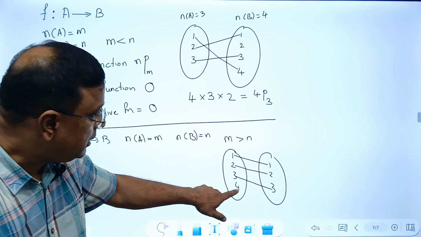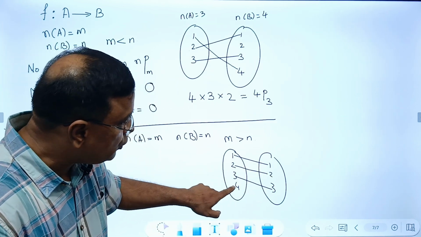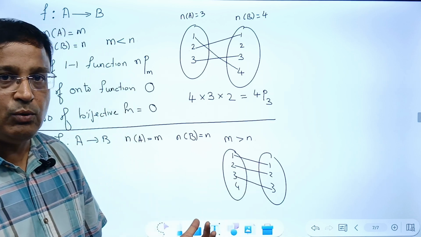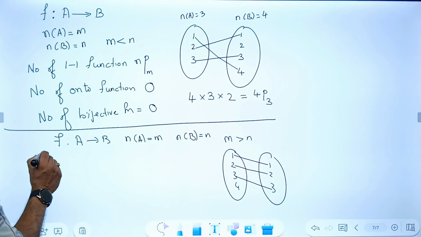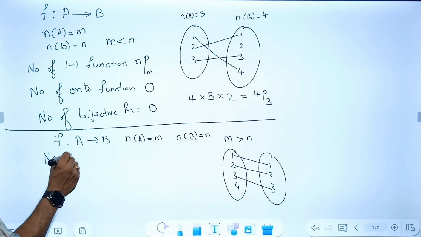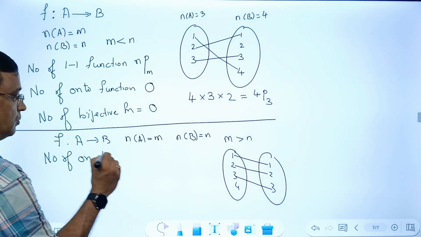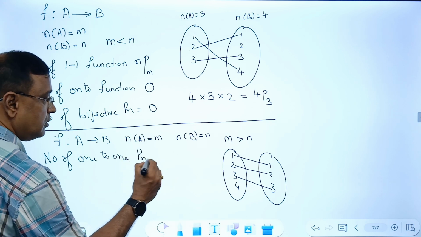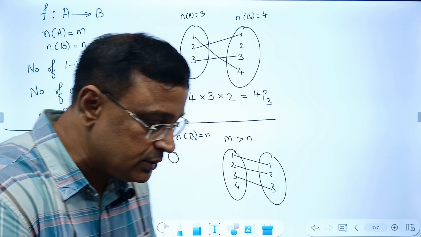If I join 4 with 3, or 4 with 2, or 4 with 1, it will not be one-to-one. So it is impossible to have a one-to-one function here. The number of one-to-one functions will be 0.